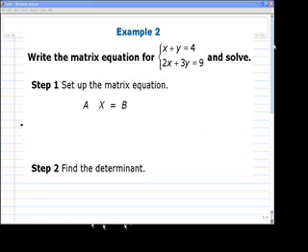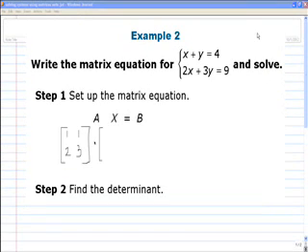Okay, so A is the coefficient matrix, so we're going to get 1, 2, 1, and 3, because those are the coefficients in front of the variables x and the coefficients in front of the variables y. So we get 1, 2, 1, 3.